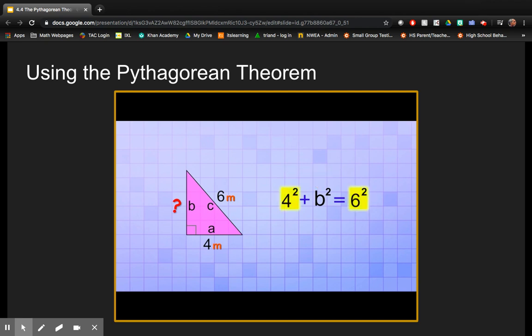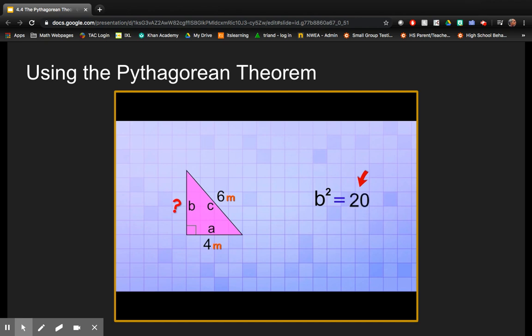First, let's simplify the exponents. 4 squared is 16, and 6 squared is 36. Now we need to isolate the B squared, and we can do that by subtracting 16 from both sides of the equation. On this side, the plus 16 and the minus 16 leave us with just B squared. And on the other side, we have 36 minus 16, which is 20.